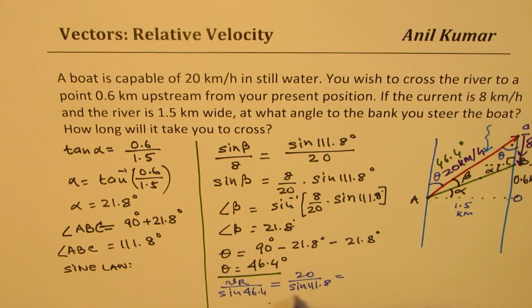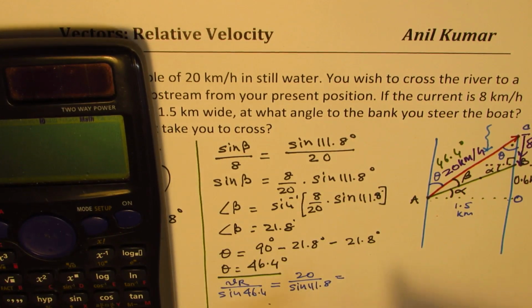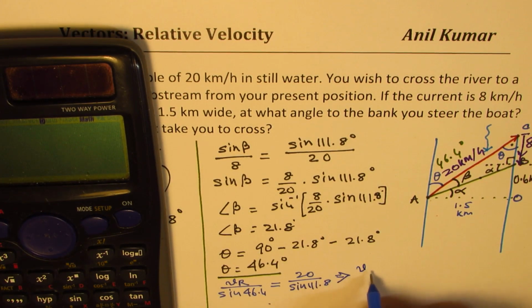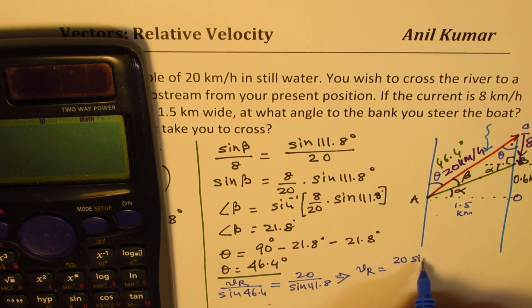You can actually find this as a ratio. It is simpler to work with ratios, right? So from here, we know VR will be equal to 20 times sine of 46.4 divided by sine of 111.8.